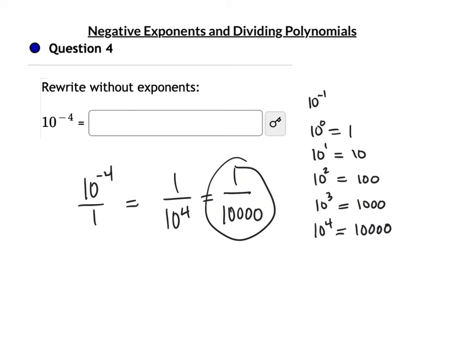10 to the negative first is 1 over 10 to the first. That's 1 over 10. 10 to the negative second is 1 over 10 squared, which is 1 over 100. 10 to the negative third is 1 over 10 to the third, which is 1 over 1,000.